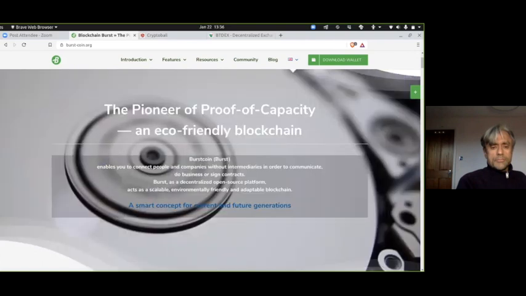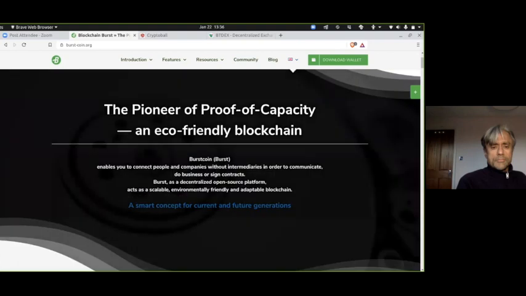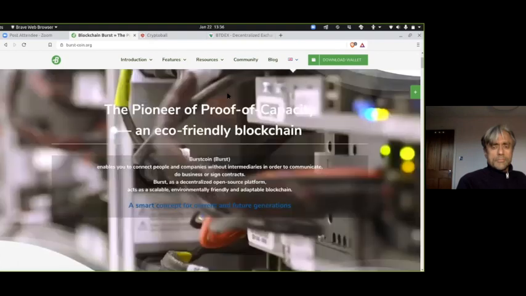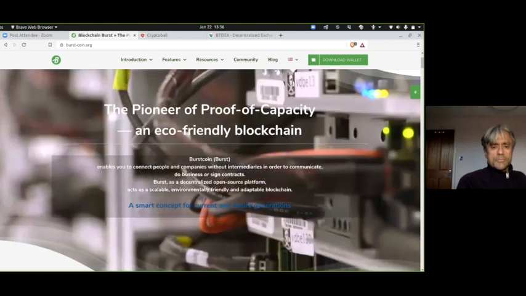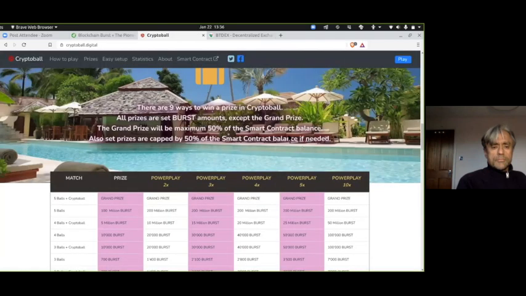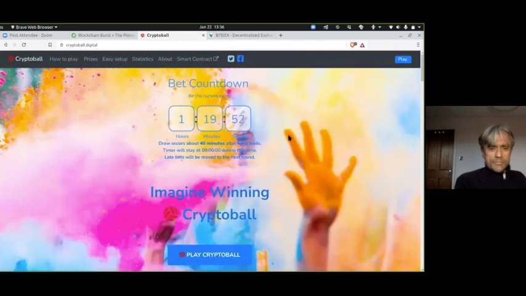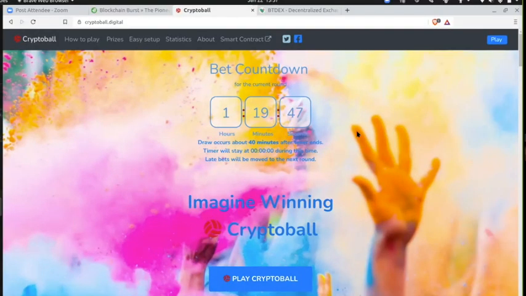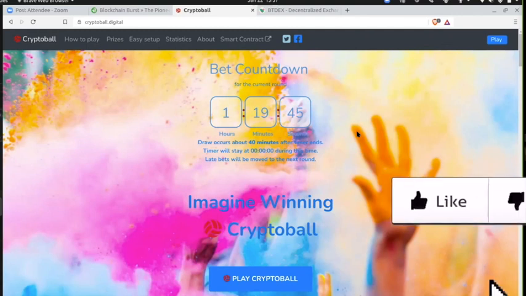So we definitely need more people getting involved, and actually just people knowing that this exists. Most people have no idea. We have a fully working Powerball, we call it crypto ball, running on the Burst blockchain. Actually just 2 weeks, which is a very short time. But this is far away from mainstream right now.